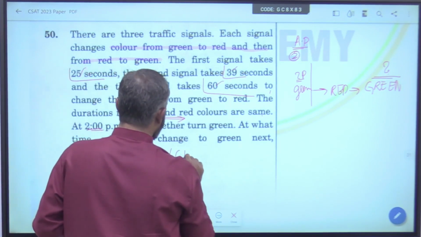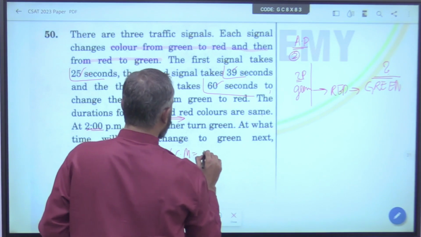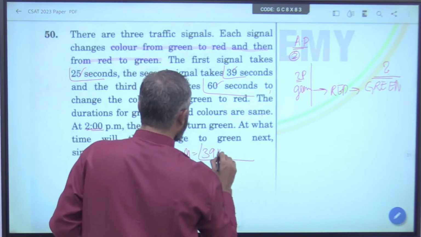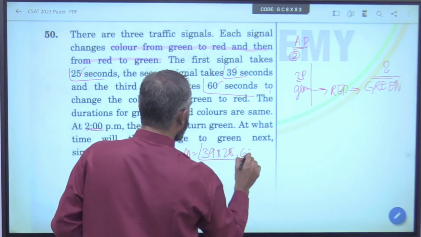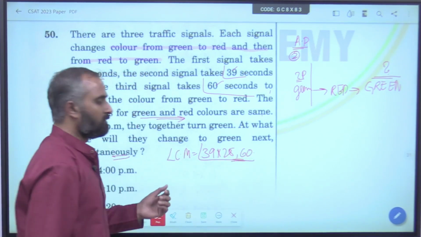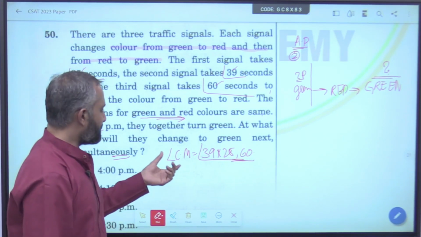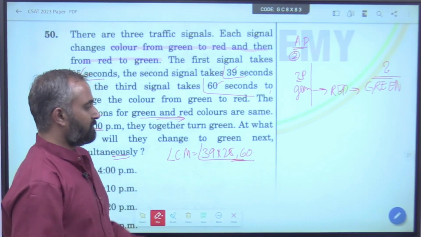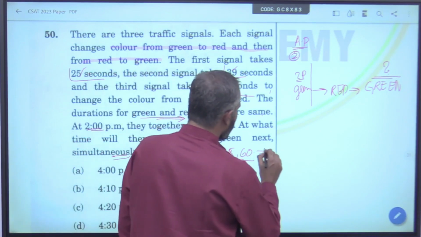So LCM of 39, 25 and 60. Now you might start from finding LCM, but if you are my student, you know the jugaad way I told you.